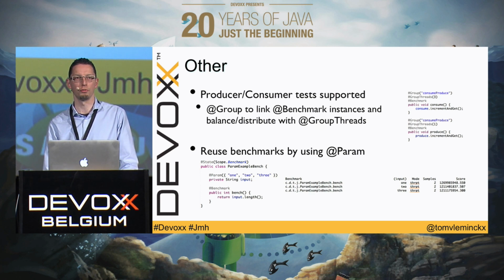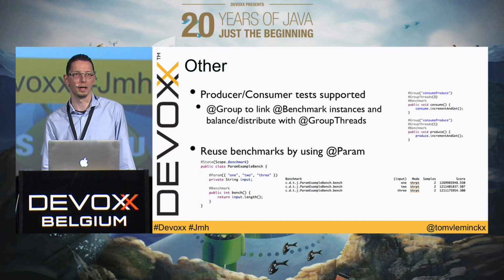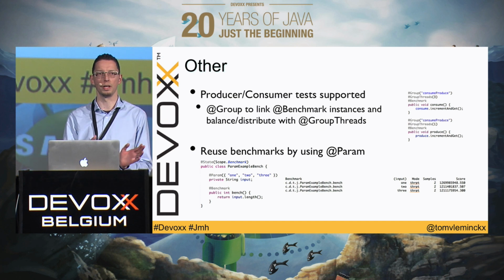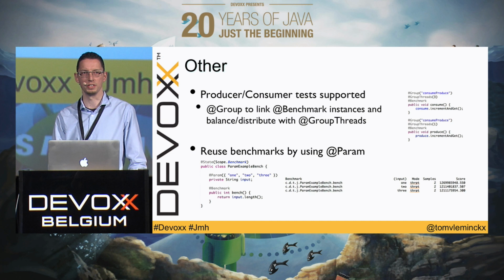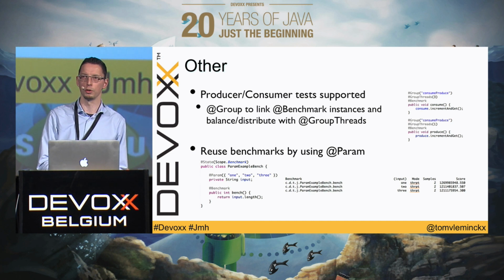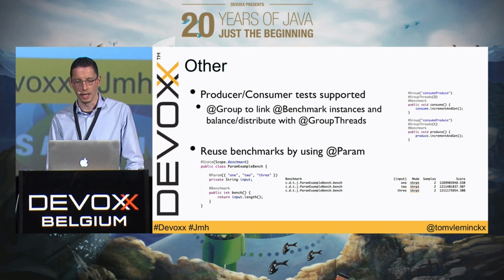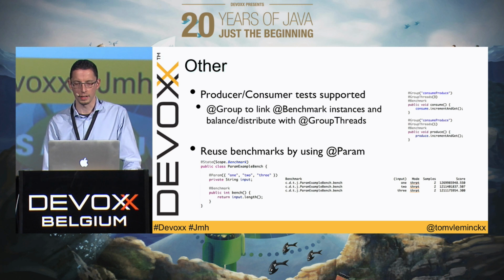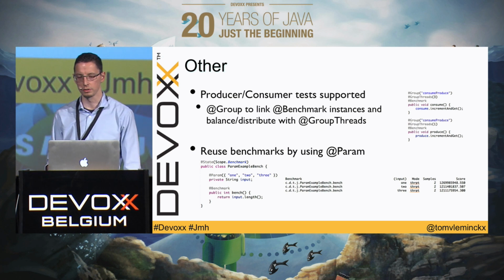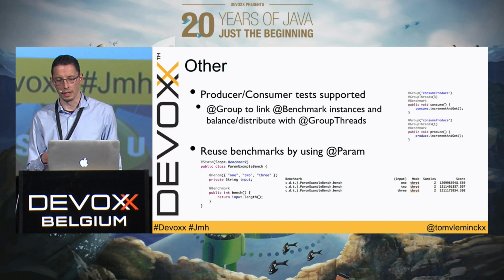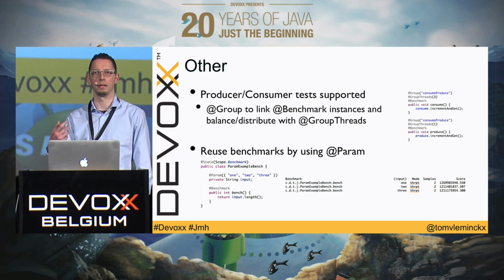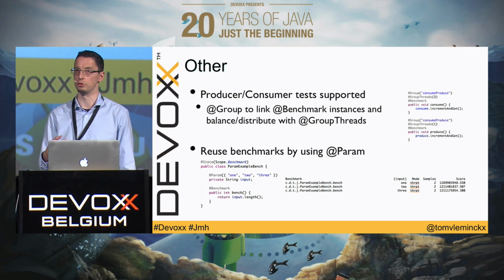Basically, if you do a lot of reads and not a lot of writes, often you choose a certain type of collection or synchronization. If you do a lot of writes and only a few reads, you might need to do something completely different. And in this case, reproducing this can be done by combining benchmarks. So in the example here, I have two benchmark methods, a consume and a produce, and I group them together by making them part of my consume-produce group.